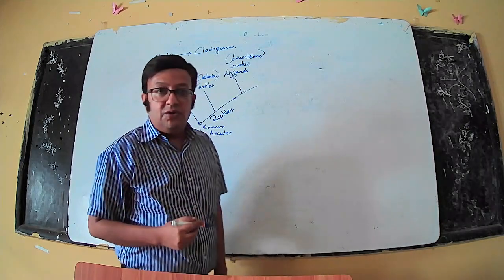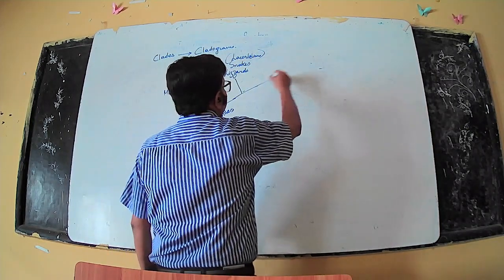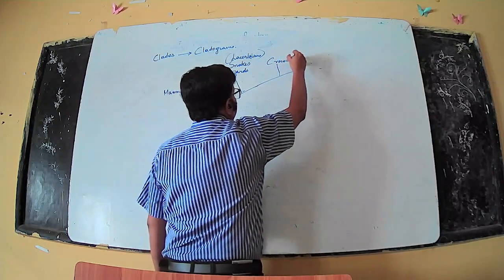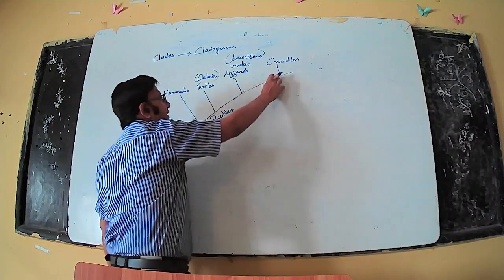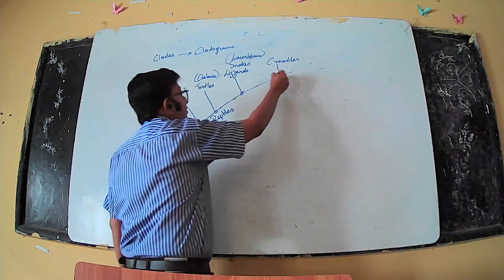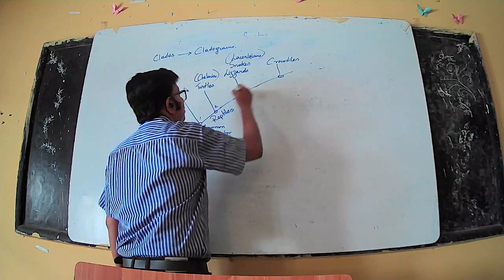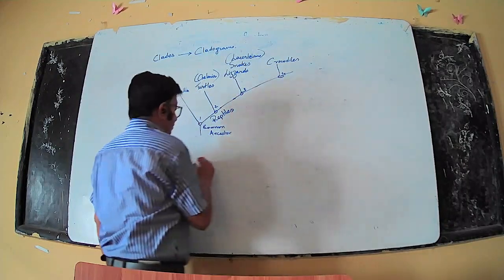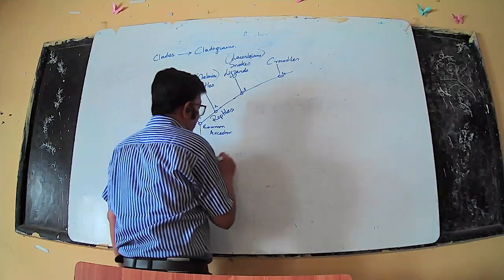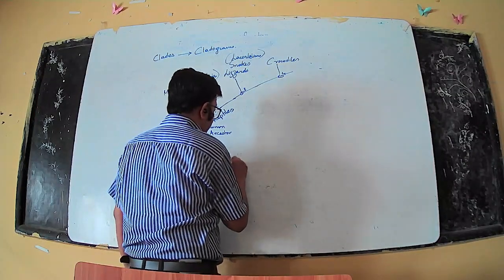Then you have the crocodilians or the crocodiles. They diverged at this point. You may have a common ancestor. These are all common ancestors, 1, 2, 3, 4. They are all hypothetical common ancestors.